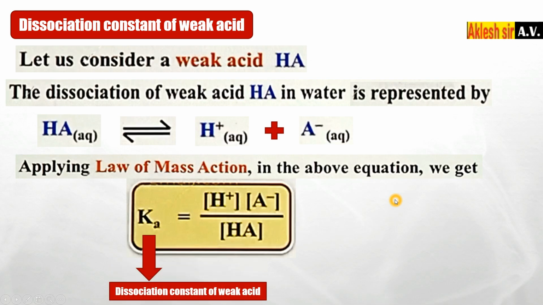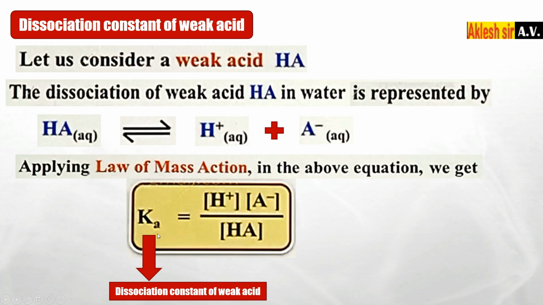To write the formula, you take the product, meaning multiplication, of the H plus and A minus concentrations, and divide by the HA concentration, which you write below.